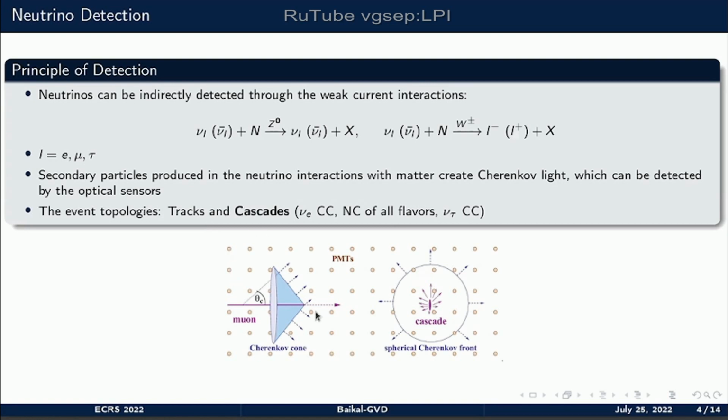On the left, we can see the Cherenkov light cone, which is induced by a muon from the muon-neutrino charged current interaction. And on the right, we have an early point-like source of Cherenkov light, which is called a cascade. And this work is focused on this type of event.